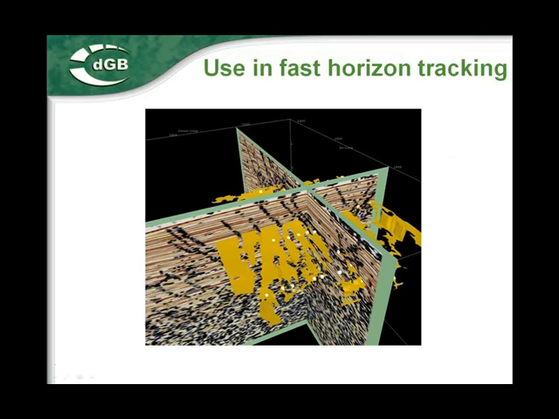The second application is blending this more continuous fault with a dip-steered median filter that's very smooth, and then using it in 3D auto tracking of horizons, where we use the smooth dip-steered median filtered seismic to track horizons seeded in each individual fault block.